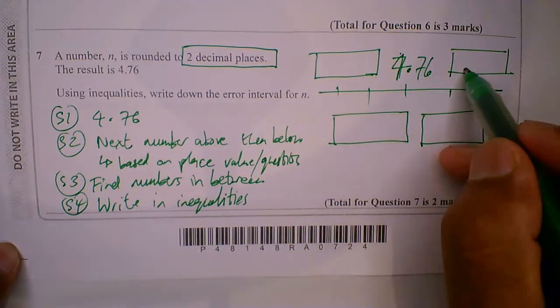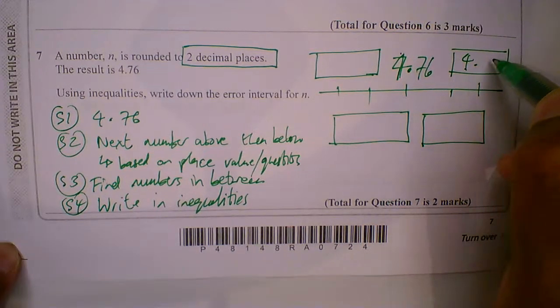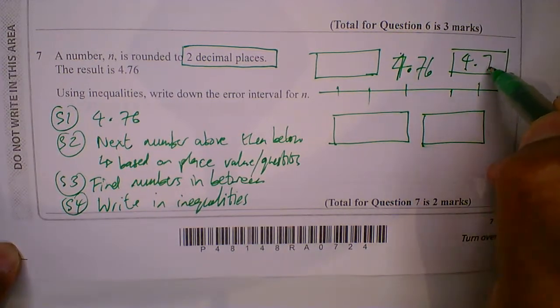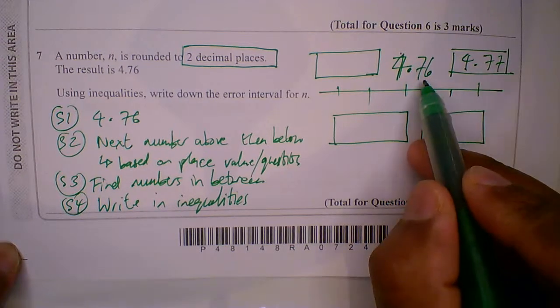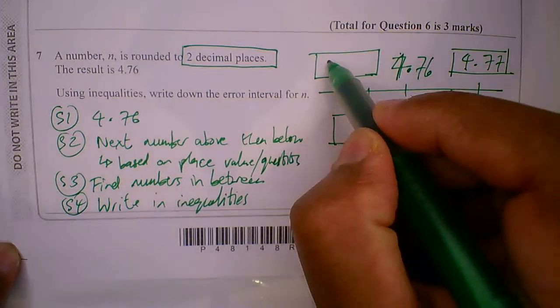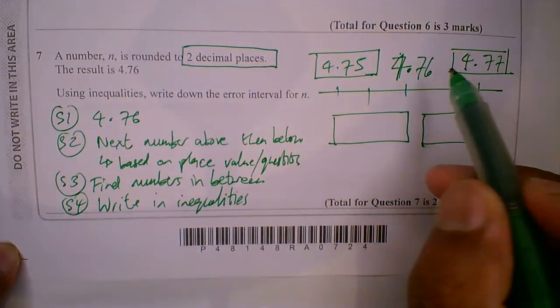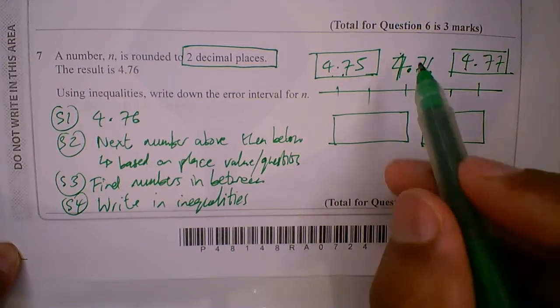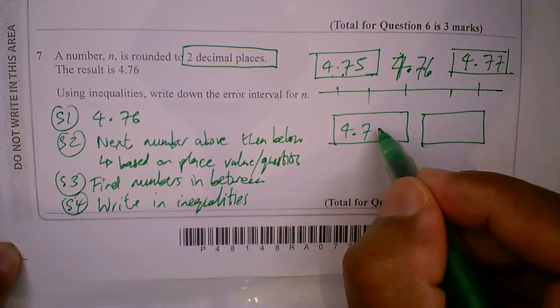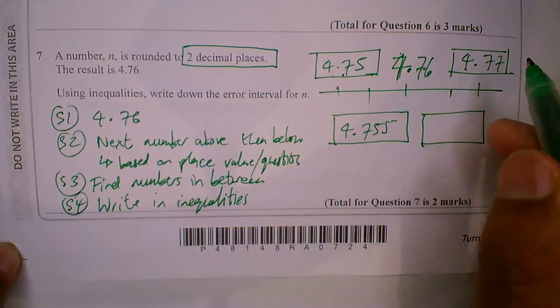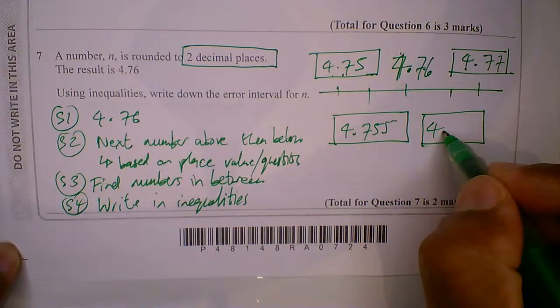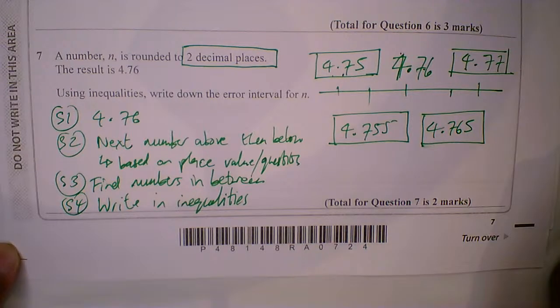The next one above 4.76 will be 4.77. Going backwards, 4.75. Now what's in between these two? 4.755 is in between these two. What's in between 4.76 and 4.77? 4.765. So we've got that.